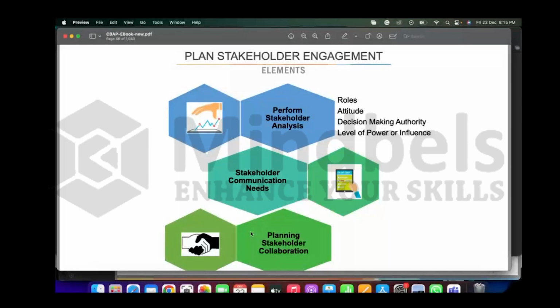Who are the stakeholders? What role do they play in their organization? Are they a manager? Are they a director? Are they a vice president? So roles is important to understand, because every role plays a different requirement, and they have a different level of influence, authorities, you know, power, I would say.